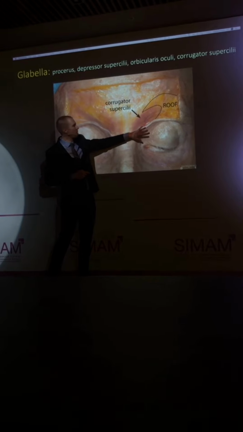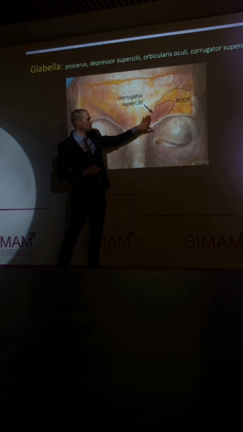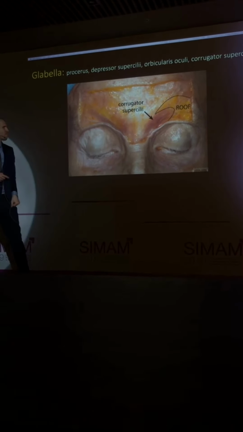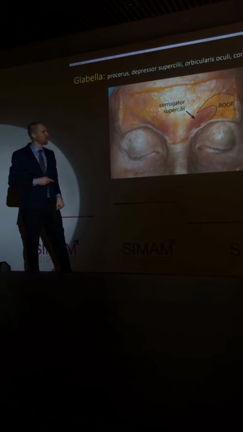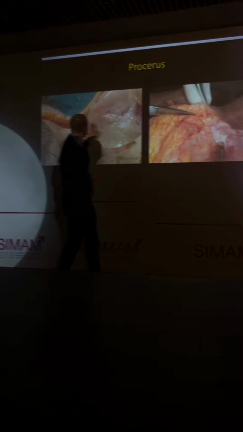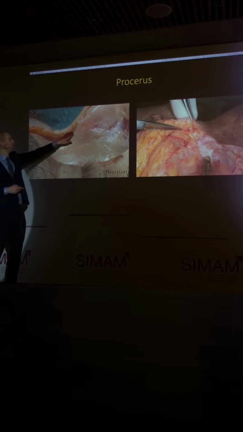Elevate this layer number 3, and underneath it, more laterally, there is the corrugator. When we removed these third-layer muscles, the corrugator supercilii was revealed.